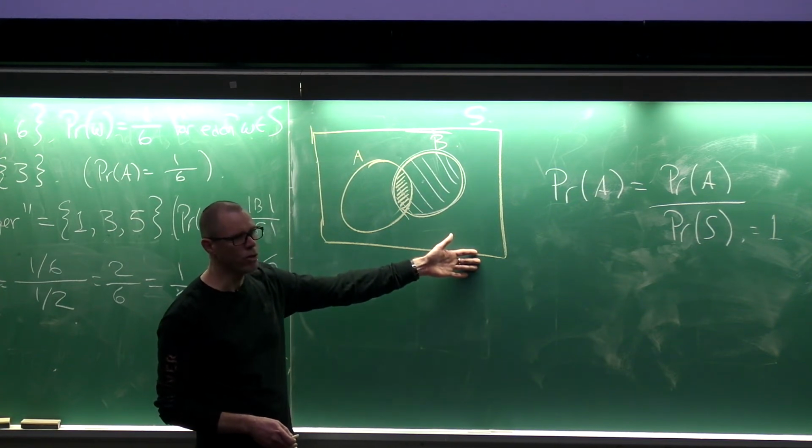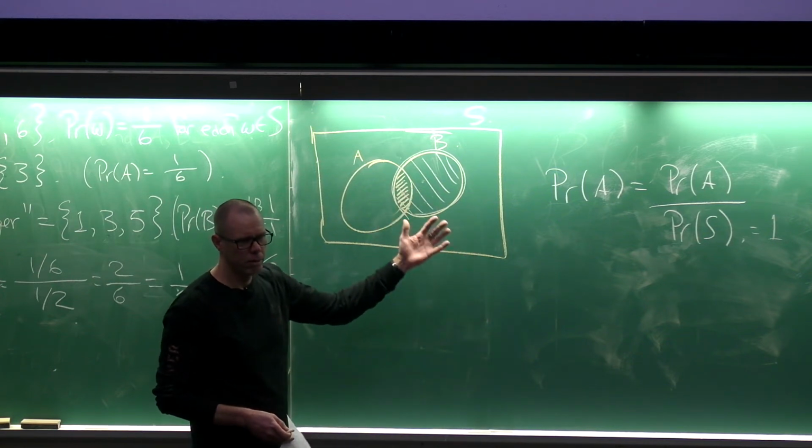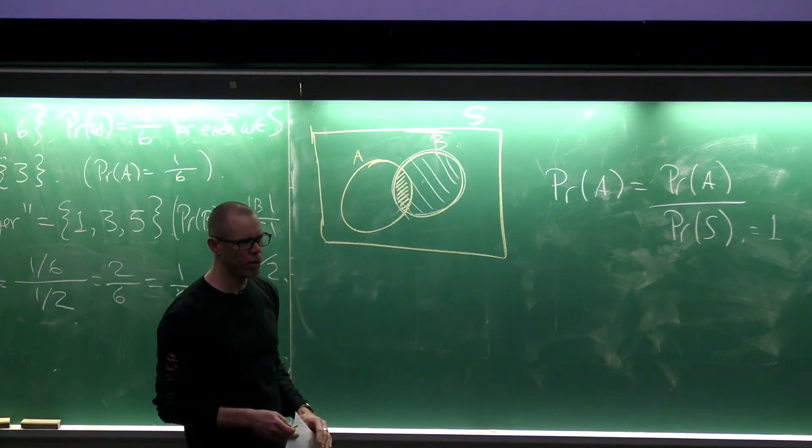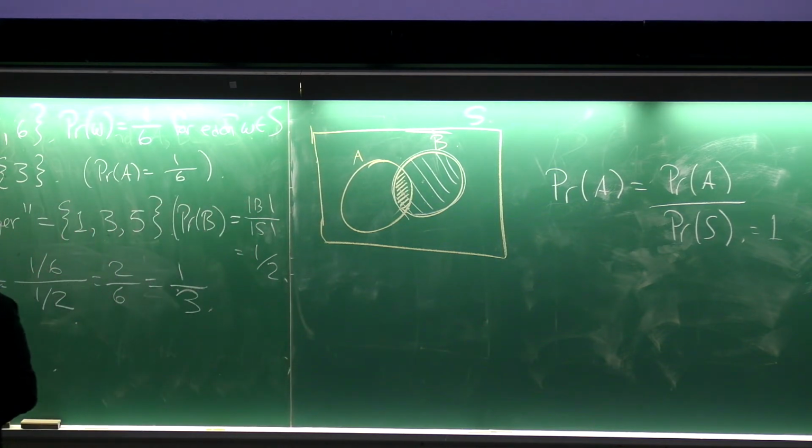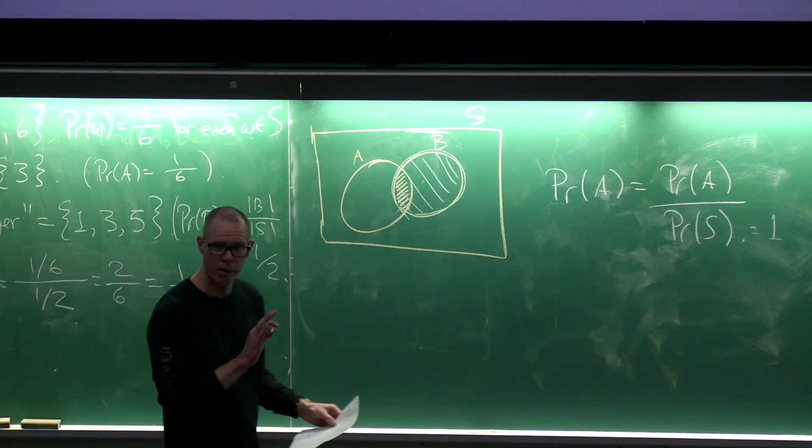But that's only true in uniform probability spaces. In other probability spaces, the probabilities can be whatever you want, and you don't always get this nice cancellation. All right, that's clear.